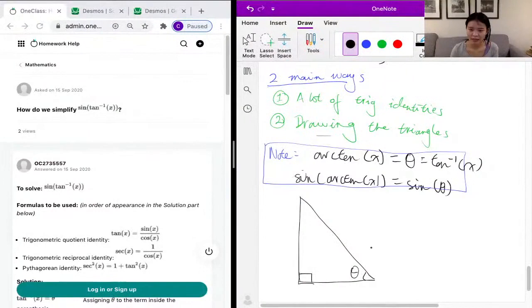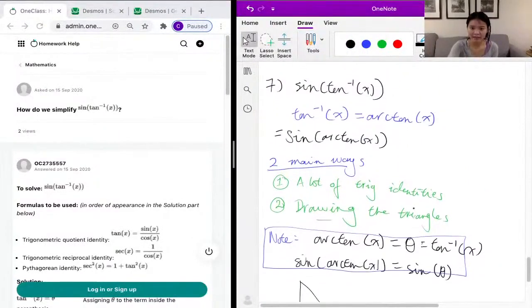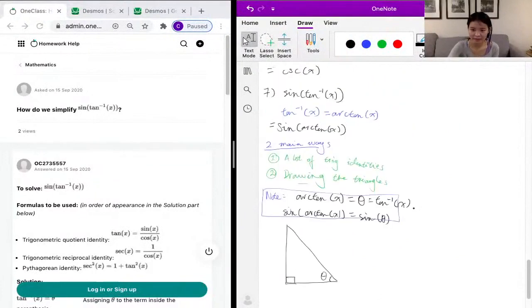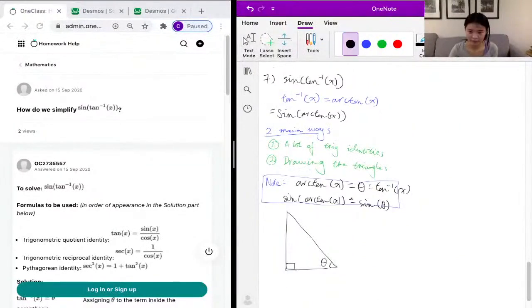Also, we know that the arctangent of x is an angle, and we know that the tan of this angle is, actually we don't know, but we know that we're trying to find the arctan of x.